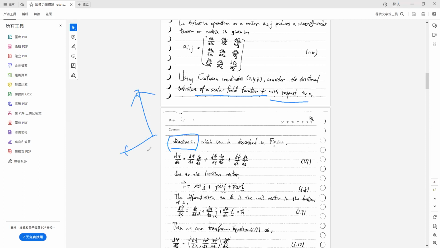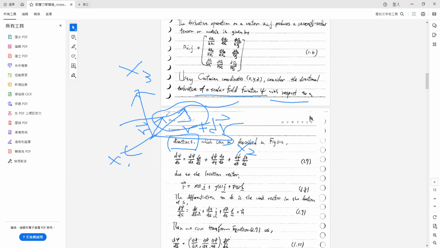So when we talk about the scalar field in 3D space, and there is a path in the scalar field, we describe the location variation, like vector r becomes vector r plus d vector r. Then we know that d vector r is the difference between location 1 and location 2.